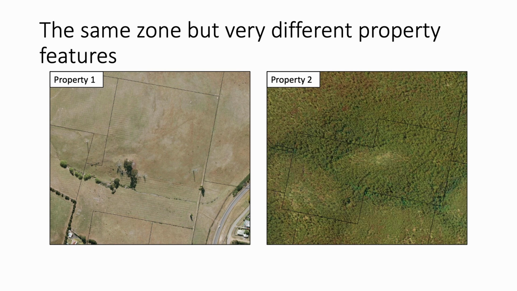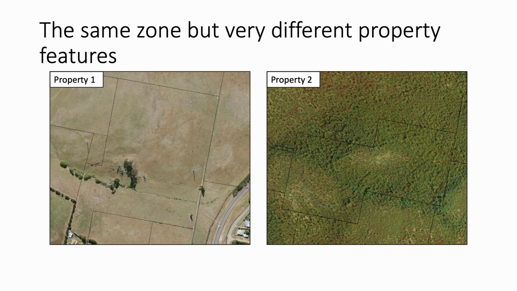The bush block, however, due to bushfire management and biodiversity protection overlays, will most likely require a discretionary application for any development. That doesn't mean development is not possible, it just means more things need to be considered.